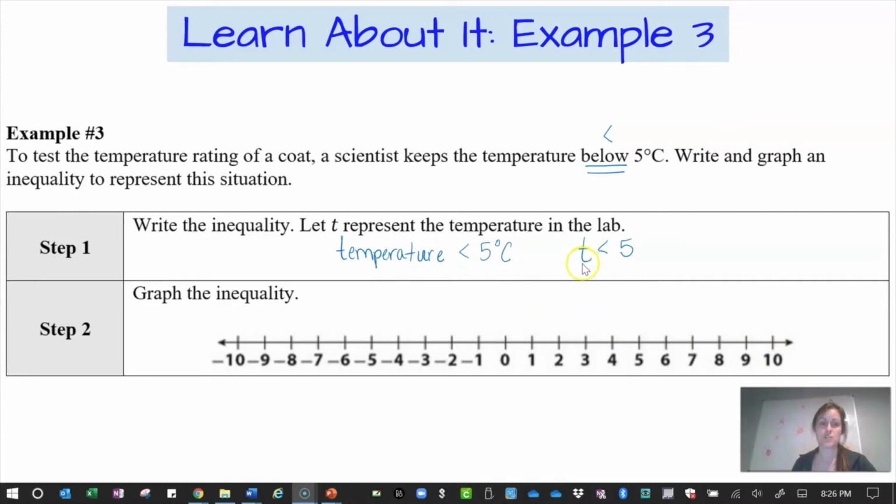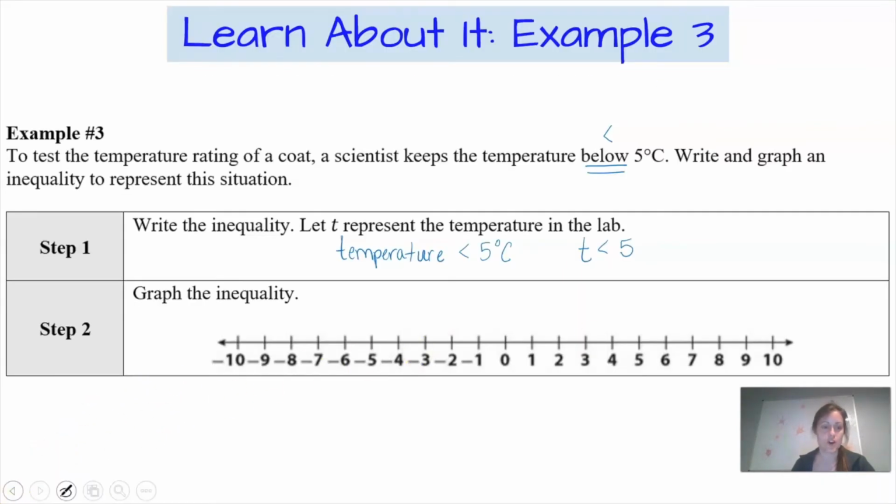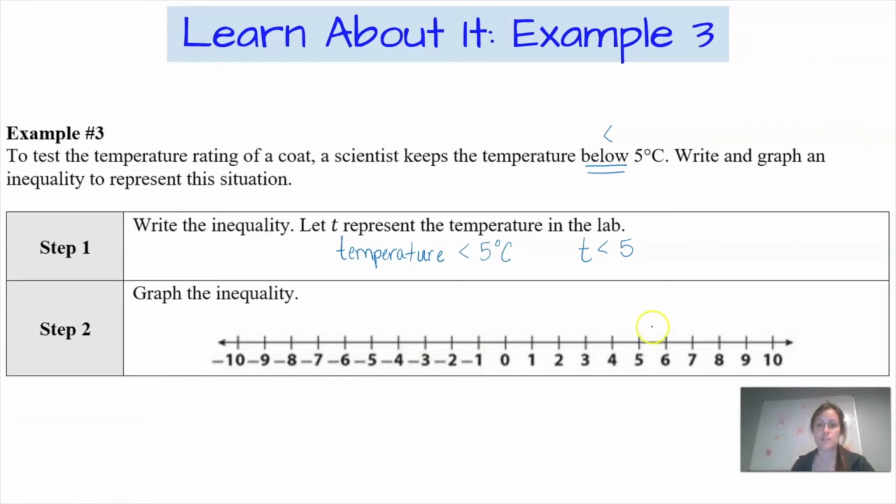So my first action here is to draw a circle on 5, and because the symbol is less than, that's going to be an open circle. And I need to decide if I'm going to shade to the left or to the right.